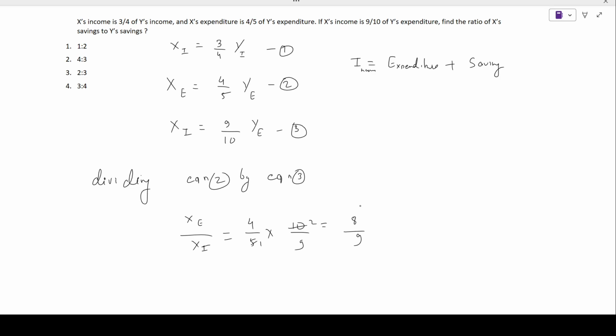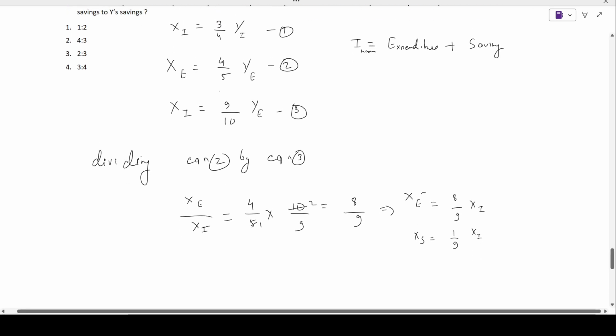So X spends 8 parts of his income, that is X's expenditure is 8/9 times of X's income. So what will be the saving? Saving will be the remaining part of the income. So it will be 1/9 times of X's income.